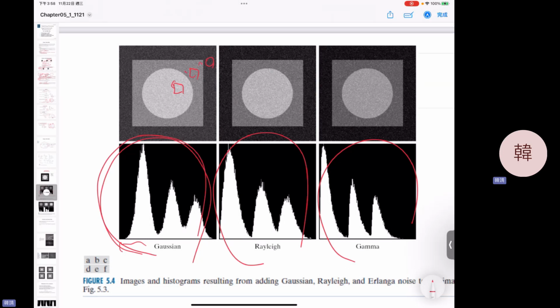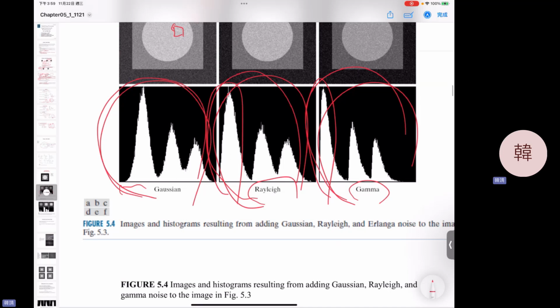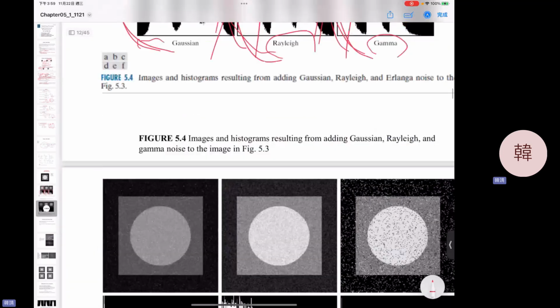We know it's Gaussian. This one is somewhat biased, skewed, and a little bit different. But how can I tell? It's just your intuition. It's more vertical, more slightly skewed, so it's the gamma noise and the Rayleigh noise. It's just some examples here.